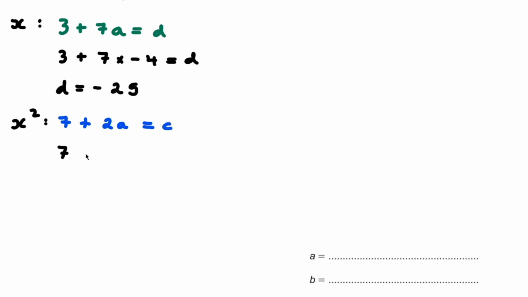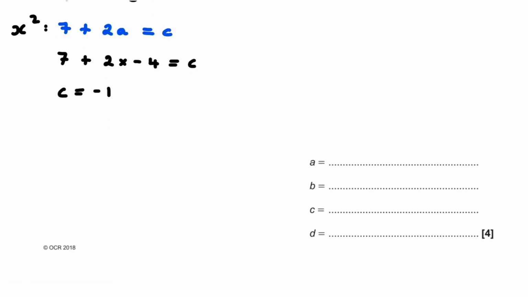So I've got 7 plus 2 times minus 4 equals c, which means c equals minus 1. So I've got a is minus 4, b is 2, c is minus 1, d is minus 25.